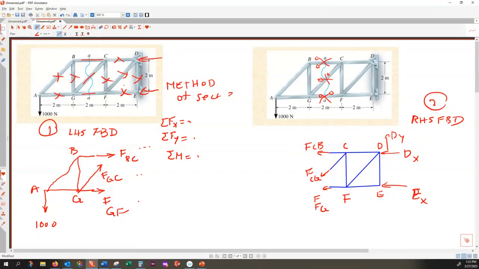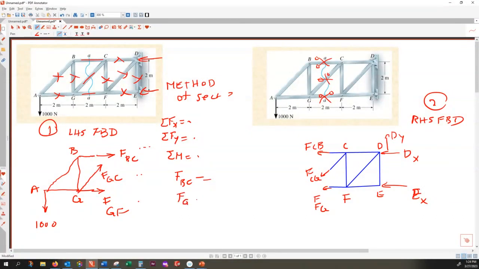Thank you, Darcy. So what I said was, look, according to Darcy, the left-hand side free body diagram is solvable. If I solve that, what do I get? Just imagine that we went through all the calculation. When I finish solving this one by applying these three equations, I would get FBC equal to something.